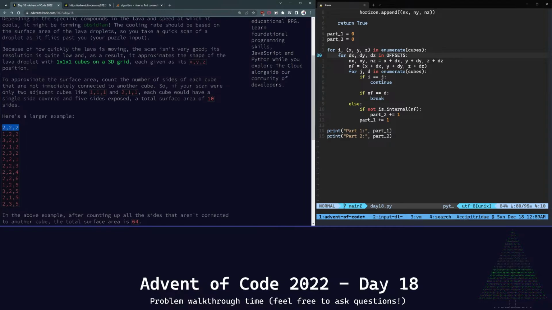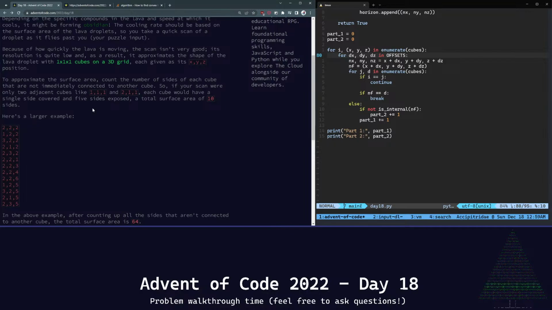So basically this cube 2, 2, 2 will have 6 different faces, and those faces will be occupying where 1, 2, 2 should be, where 3, 2, 2 should be, where 2, 1, 2, 2, 3, 2, and 2, 2, 1, and 2, 2, 3.